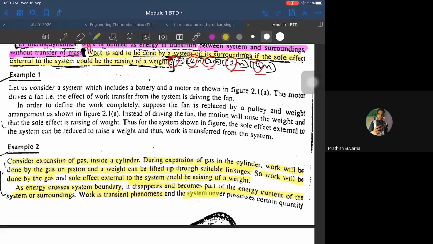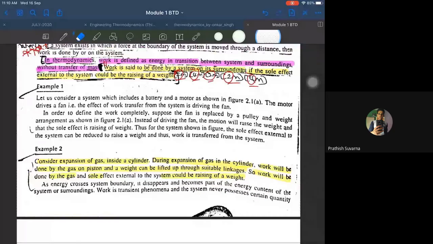So no need to take this. This is not so important. The second line, okay, the first one is more than enough. After that, for the explanation part of it, you have to take a diagram of it.